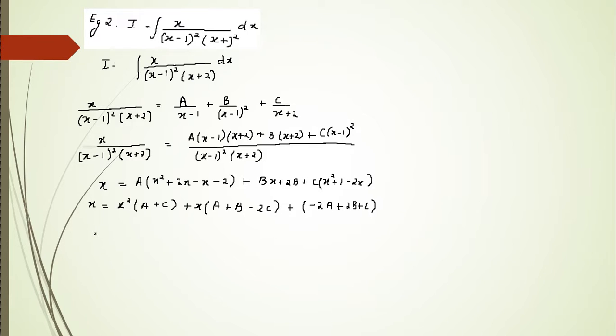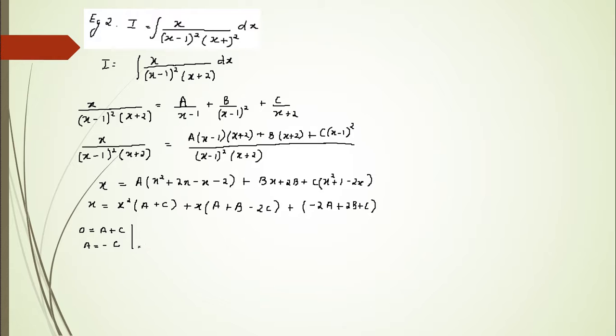Therefore, now when I compare the coefficients of x square, x and the constants on both sides, the coefficient of x square on LHS is 0, so I'll get 0 is equal to a plus c. So I will get here a is equal to minus c.